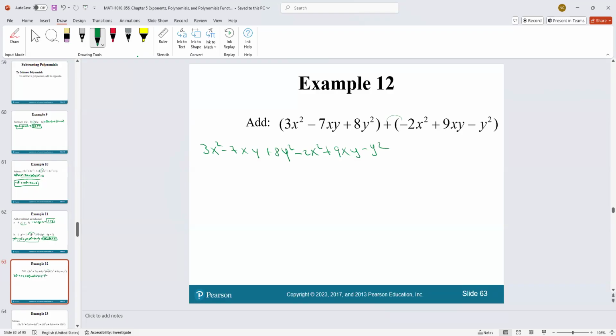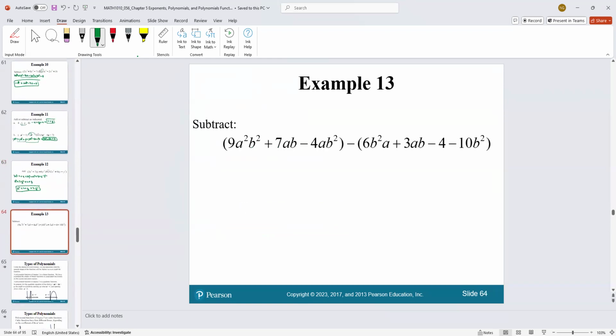Now we see 3x squared minus 2x squared gives us only x squared. 8y squared minus y squared gives us 7y squared. And we have negative 7xy plus 9xy gives you 2xy. But it's better you write it as x squared plus 2xy plus 7y squared. It doesn't change anything because addition is commutative, but I like it for aesthetics.